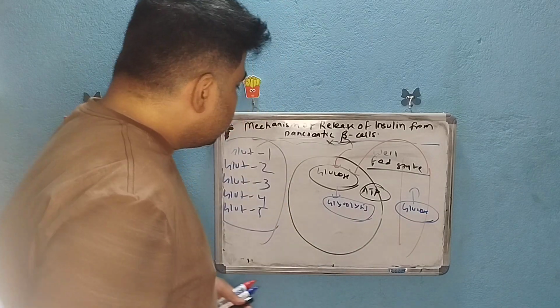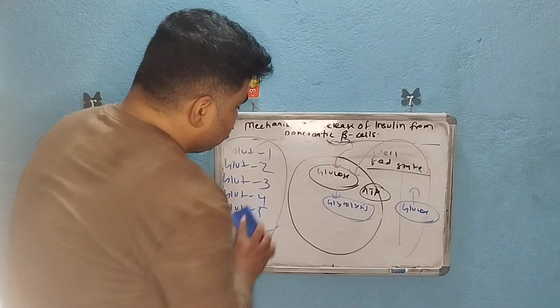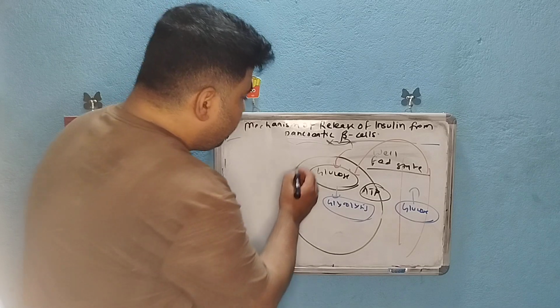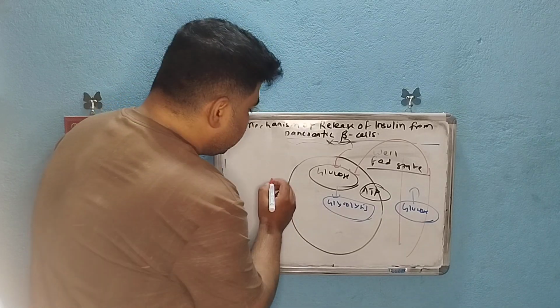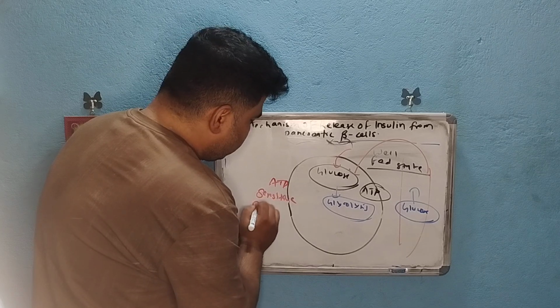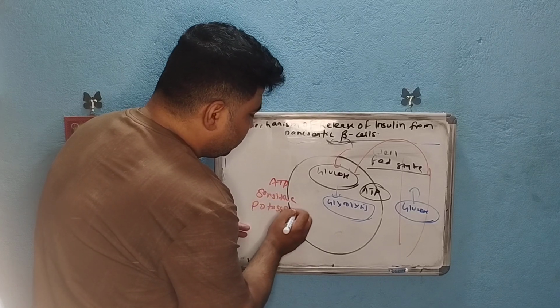Now the pancreatic beta cells consist of a channel called the ATP sensitive potassium channel.